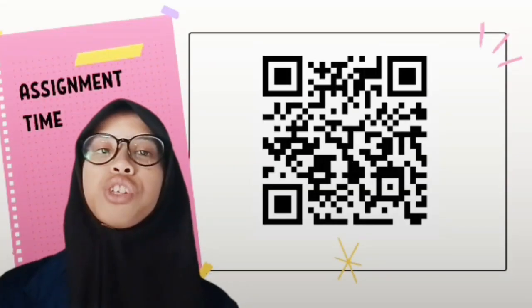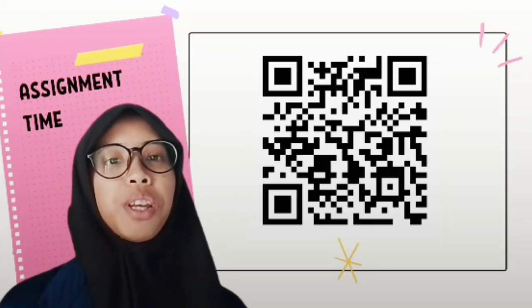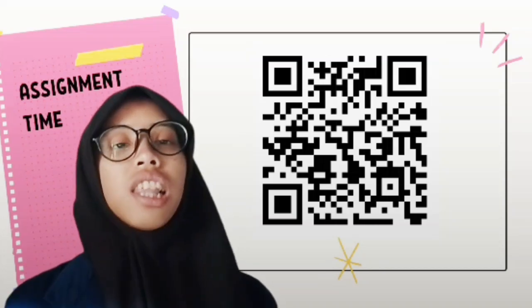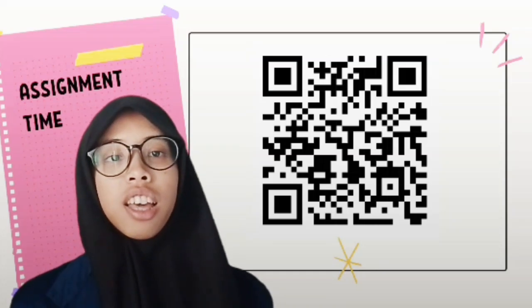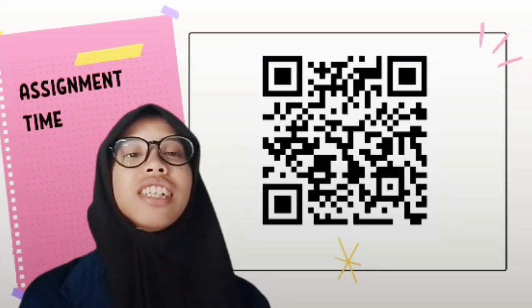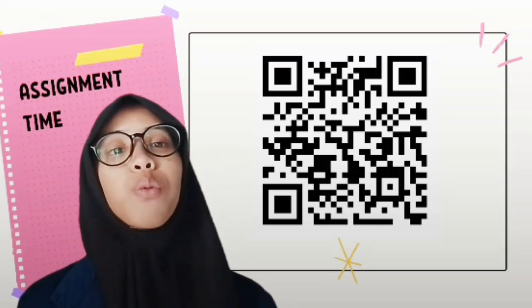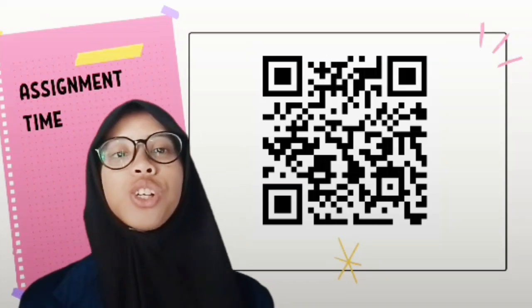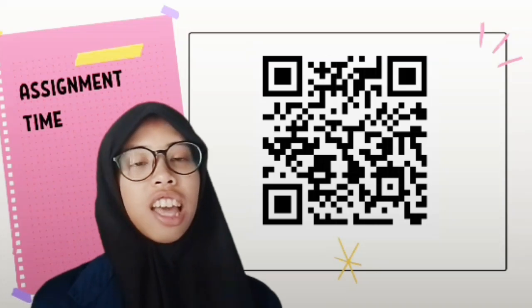We'll come back to this room after that, okay? Now after you are in a group, everyone, I will explain about our assignment today. First of all, we will analyze a poetry today. What do you analyze? Of course, the figurative languages that we have learned today. You can scan the barcode on the screen.